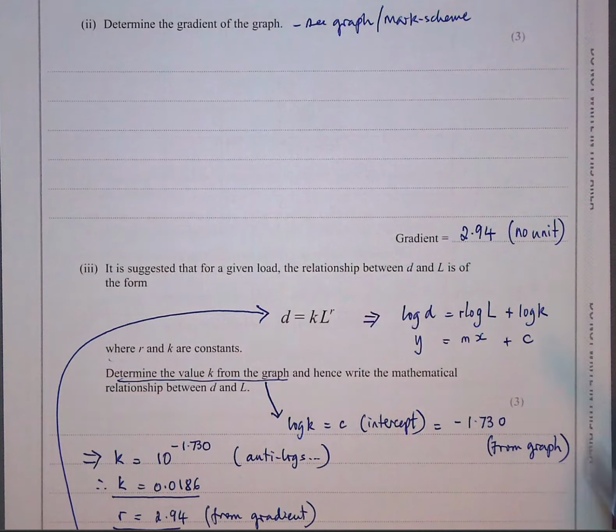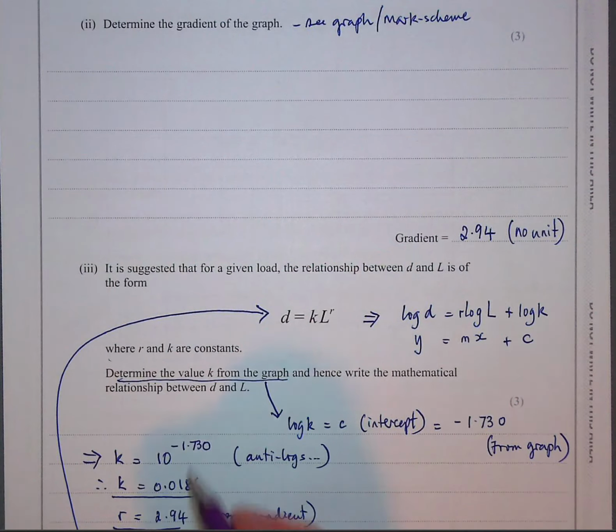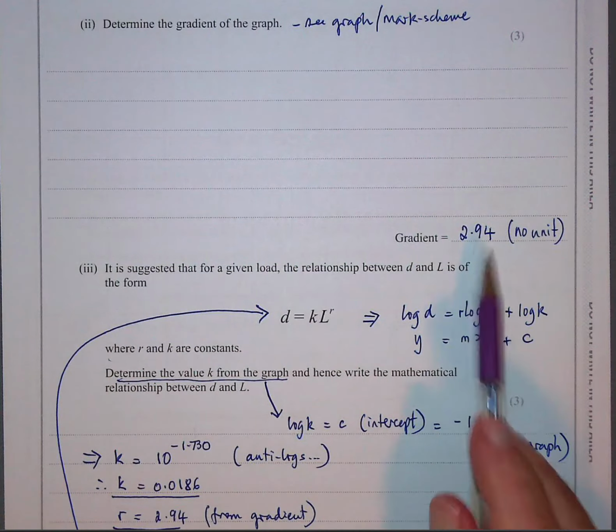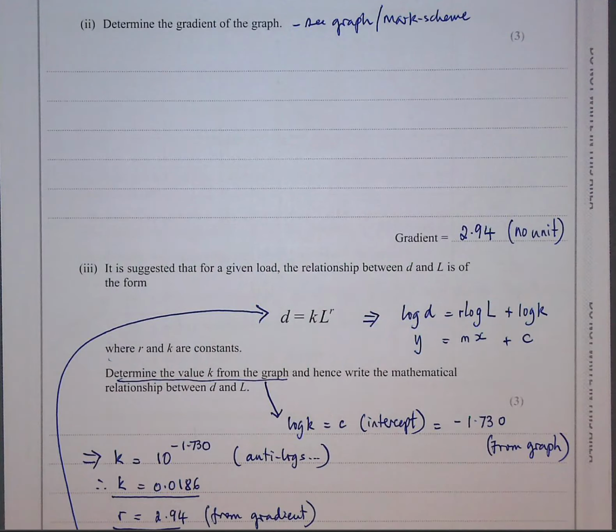So if you do that, you can get this from the graph. So log k is the y-intercept. Well, I made it minus 1.730 from their graph, and therefore k is 10 to the power of minus 1.73. Okay, and this is taking anti-logs, it gives you a value of k of 0.0186, and the gradient we already knew from here was 2.94, so we know r is 2.94.